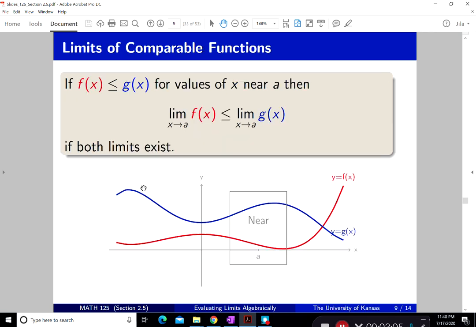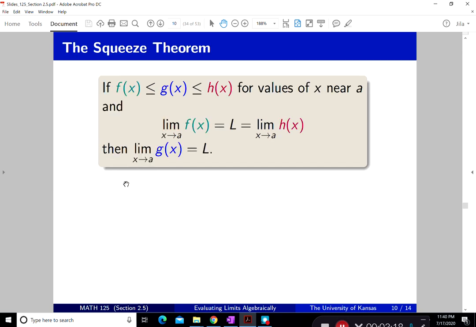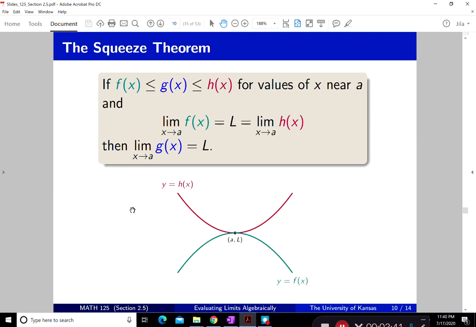Back in here we showed that if one function is less than or equal to the other, the limits are also ordered, but both limits have to exist. This one tells you a tiny bit more. If one function is squeezed between two other ones, and the outer functions have limits at a point as x approaches a, then the limit of the middle one exists and is equal to L. When is this good?